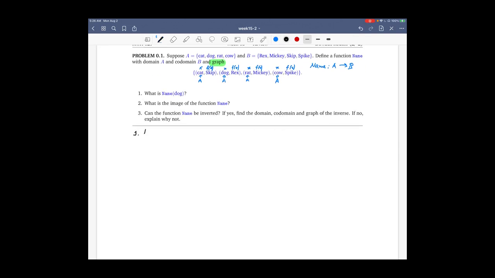So if we write all that down, name of dog is the second element of the only ordered pair in the graph of our function name that has dog as its first coordinate.